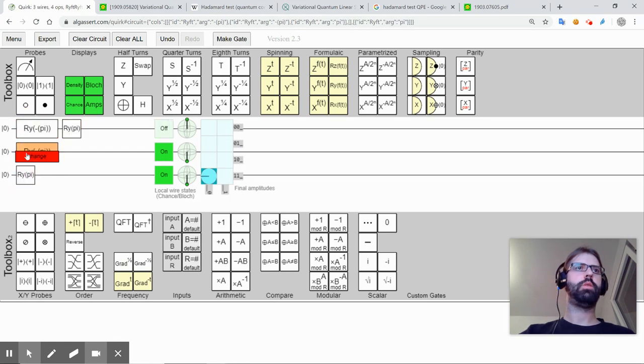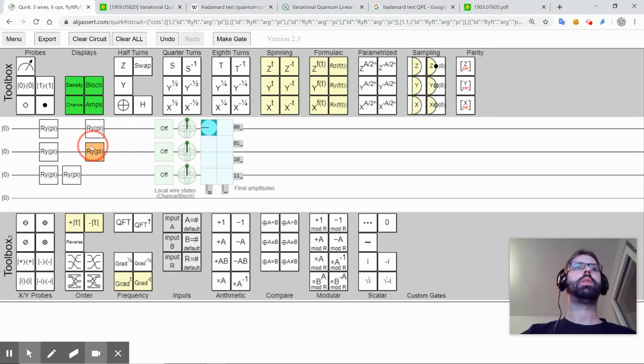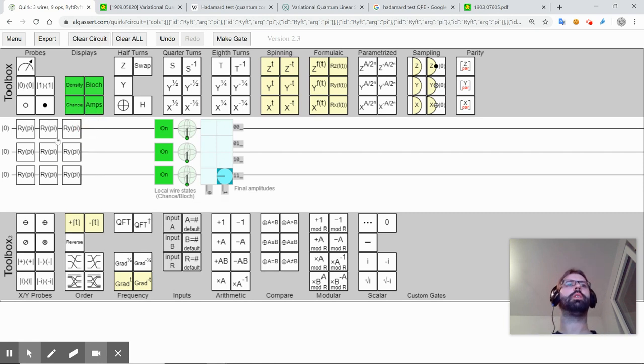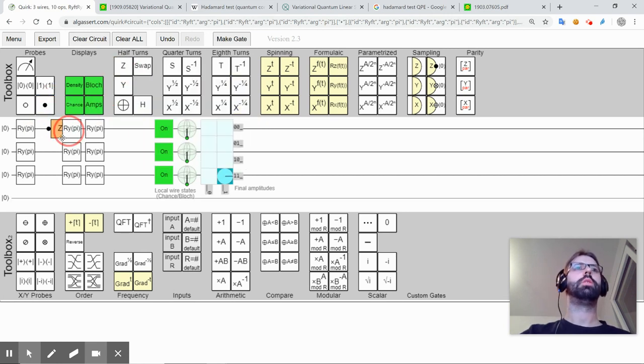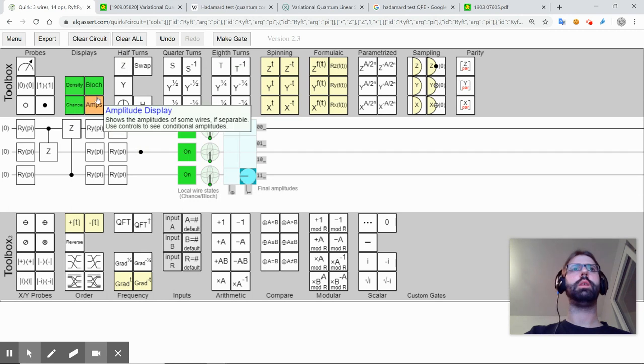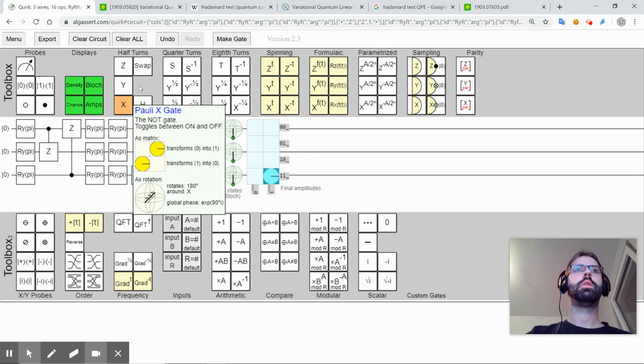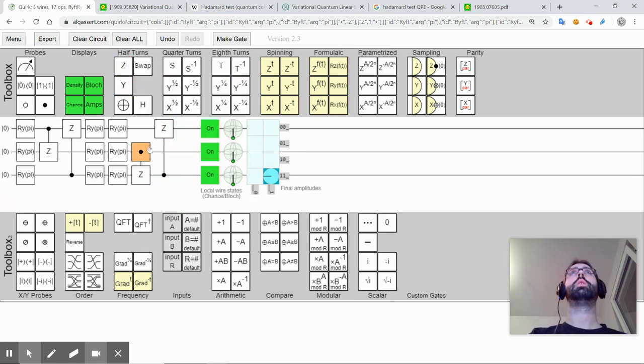No, I don't want the minus, I want the other one. So I'm going to copy the layers 3 times, and I'm going to use the same pi, because in theory each of them could have a different parameter. But the control sets are not parameterized, so they're just like these. Control Z, and the other one is like this here. Okay, cool. I think there we go.